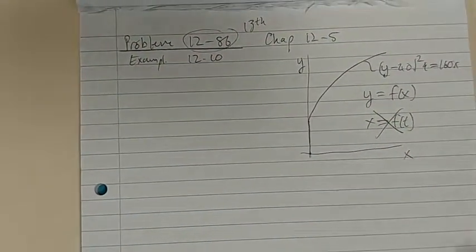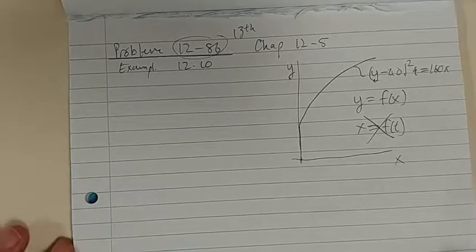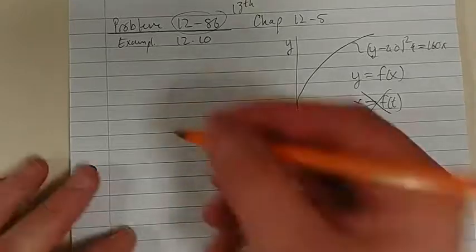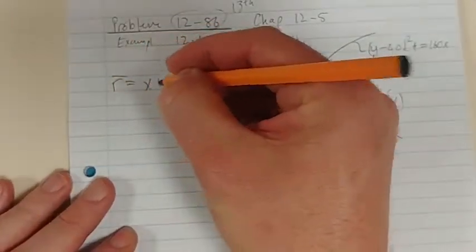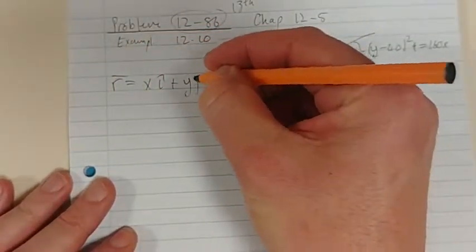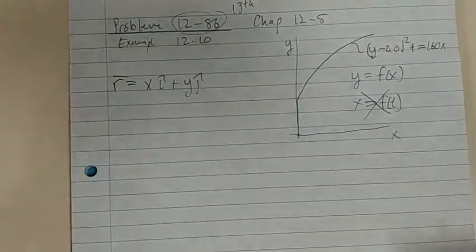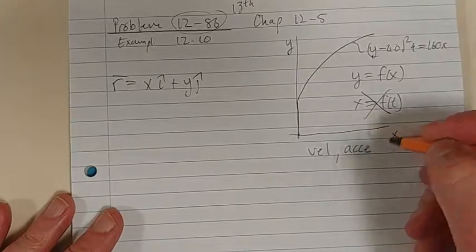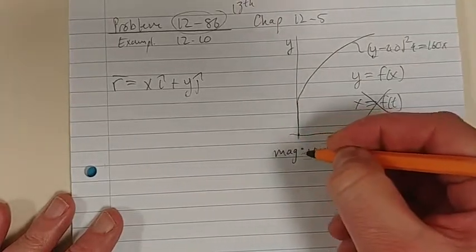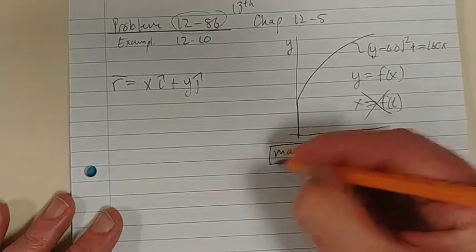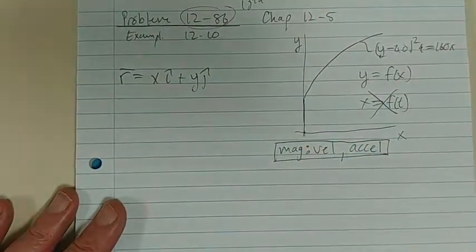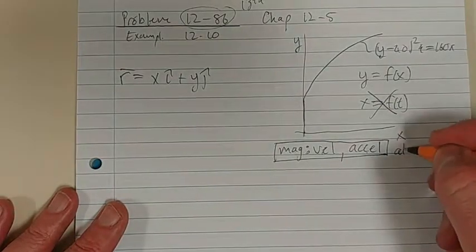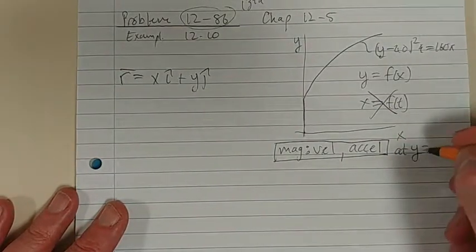So what do I always advise you to do? You can use your own technique, but I'm the teacher and I'm advising you. We start off with our position vector. What is the question? The question is, determine the velocity and the acceleration, the magnitudes, at y equals 80 meters.